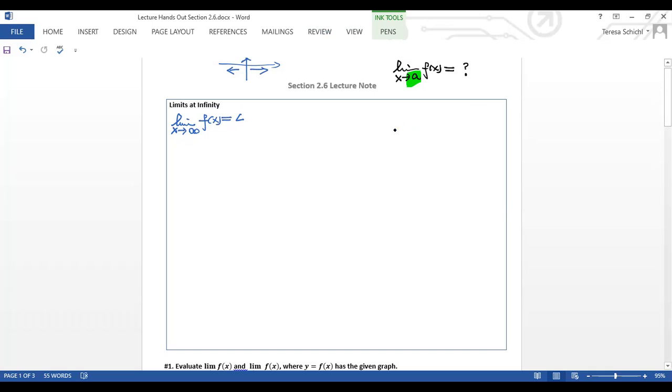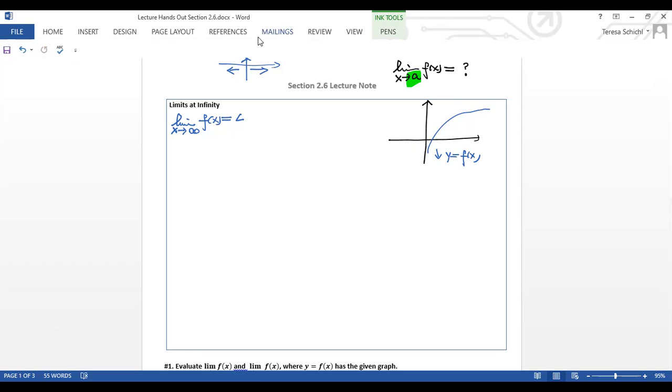So let me try to graph it. Maybe you will have a better idea here. If I have a function, I go this way. This is y, which is equal to the function f of x.